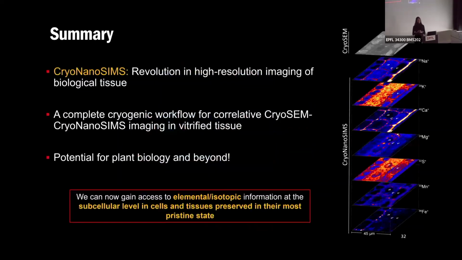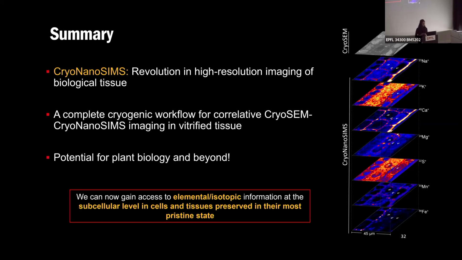So with this, I would like to summarize and say that I hope I have shown you a good overview of how cryo-nanosims is very useful for biology now, and it's really revolutionizing the way we can answer questions in biology, with its high resolution and subcellular level understanding.